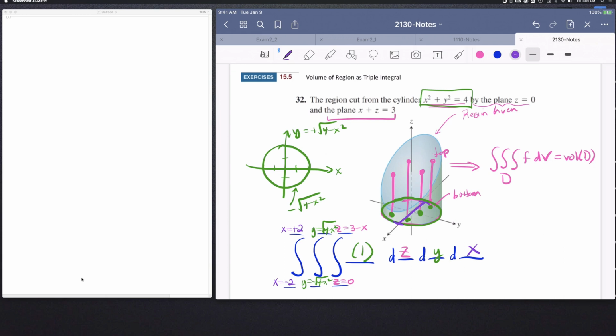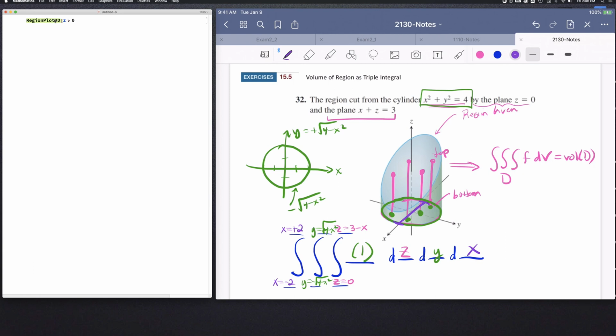So that is a description of taking a region and coming up with the integral that represents that volume. And you'll know you have the right plot when you can check it with RegionPlot3D.